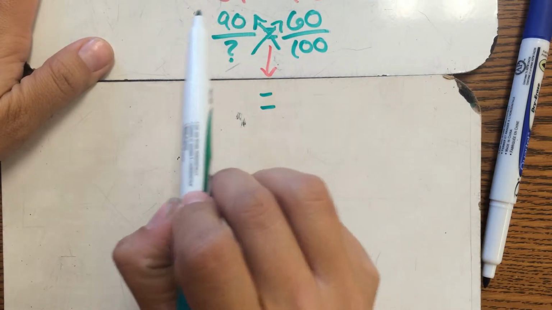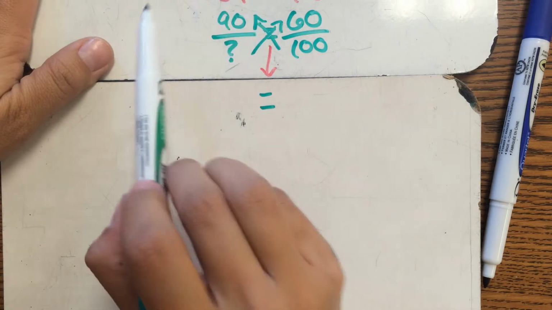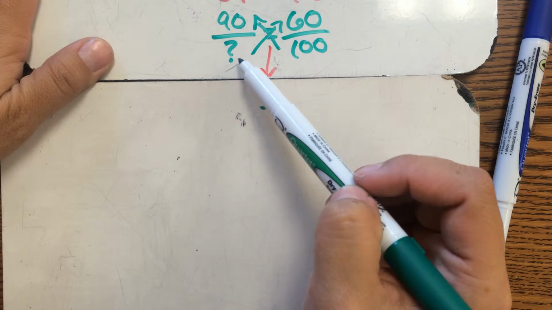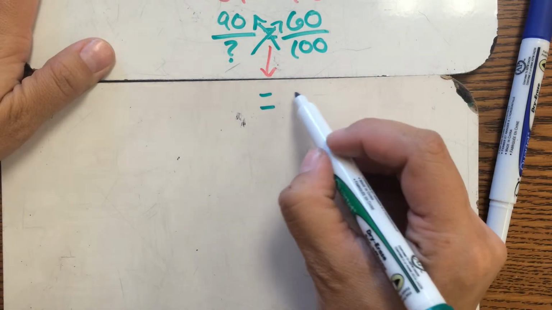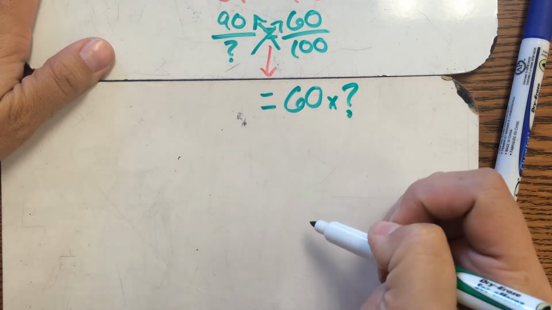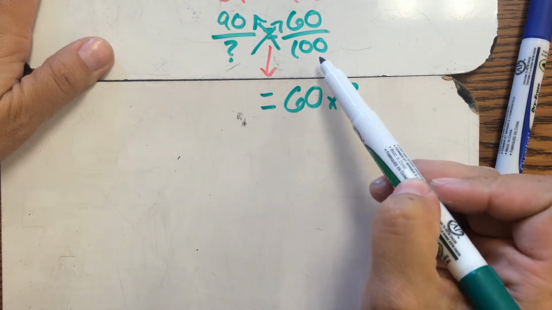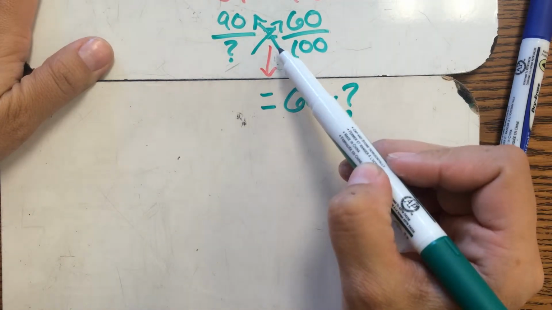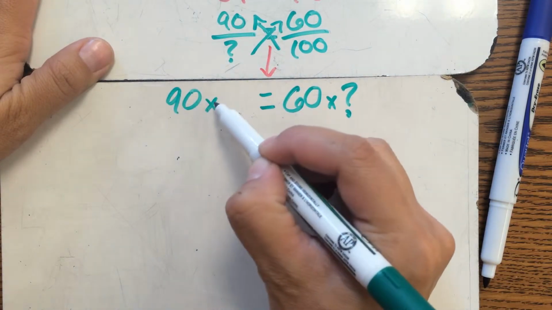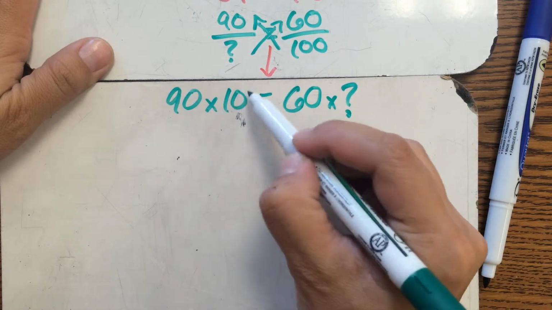All the terms that start out on the left side, keep them on the left side unless you're doing something with them. The question mark, I moved it up here, so I need to do that. 60 times question mark. 100. What did I do to the 100? I moved it over here. 90 times 100.